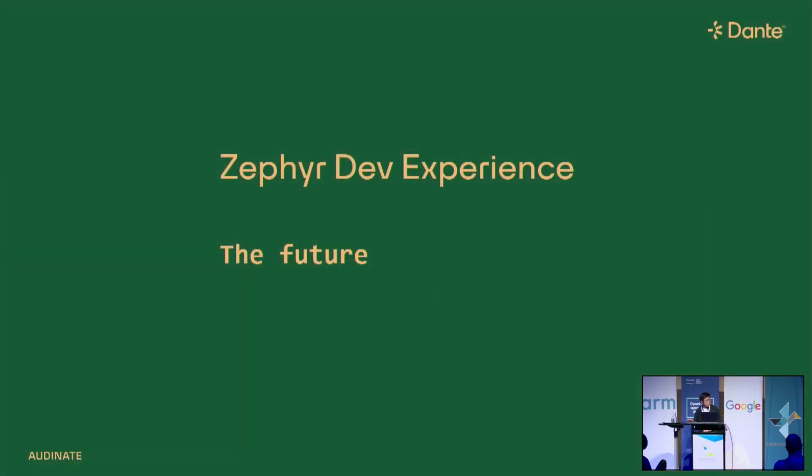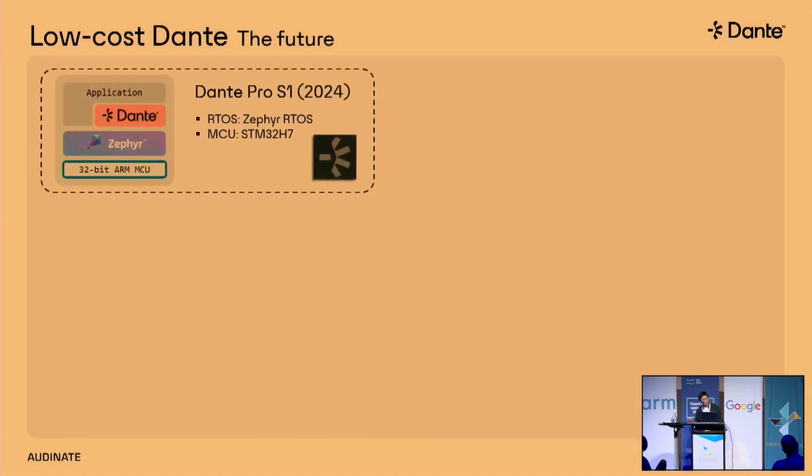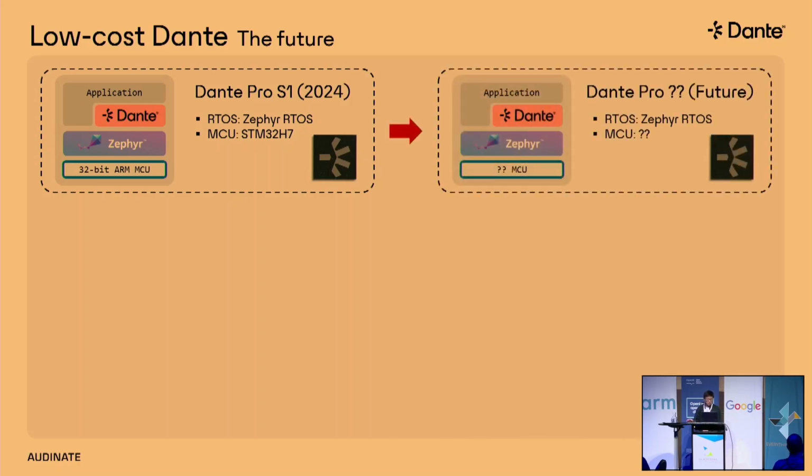So lastly, to wrap up the talk, looking back and looking to the future: in 2024, we came out with the first solution, the low-cost solution, which is the Dante Pro S1. That's based on Zephyr and the STM32H7. However, we believe that this won't be the first and the only one. We'll definitely come up with newer Dante platforms, not tied to one single microcontroller, leveraging Zephyr's features and portability to roll out more variants.